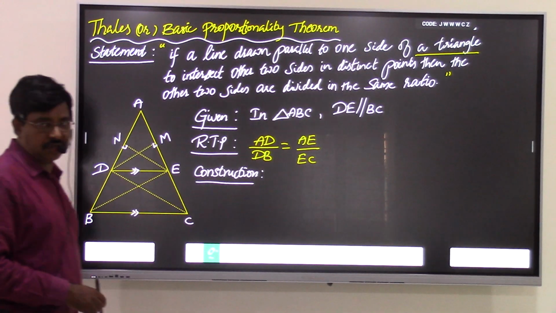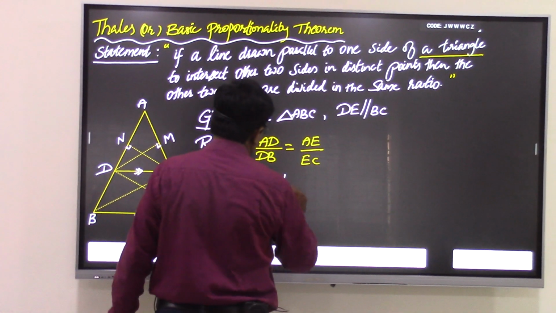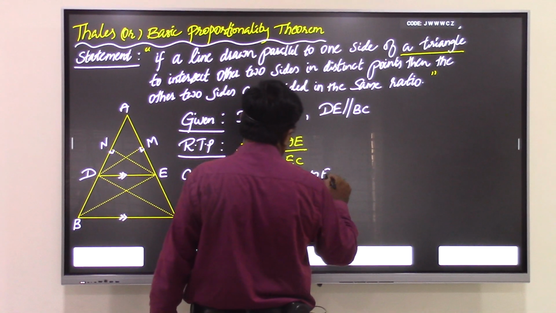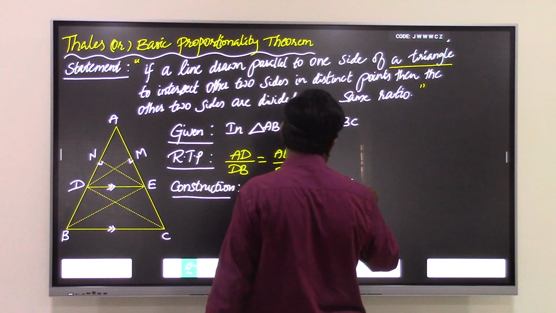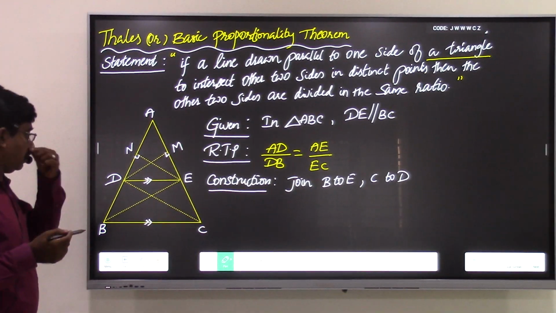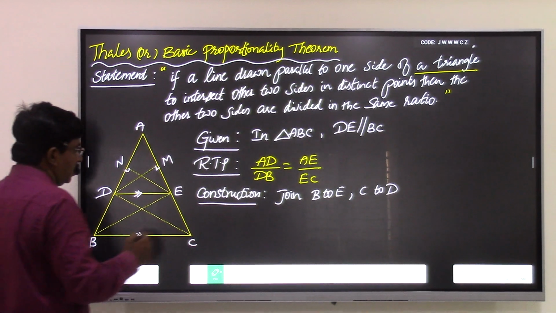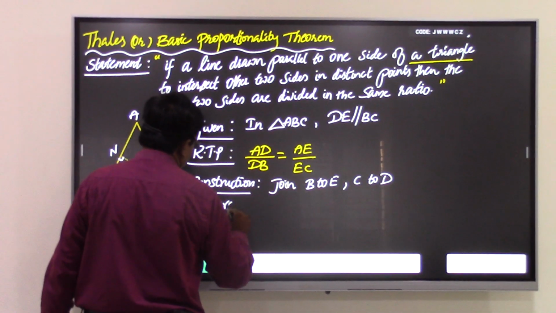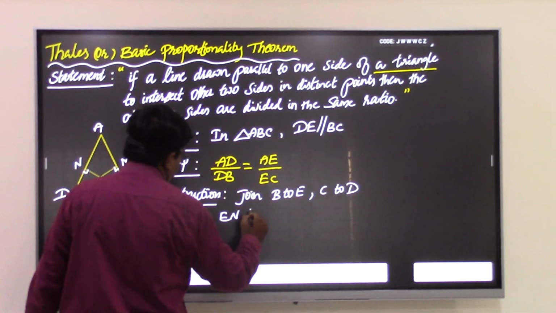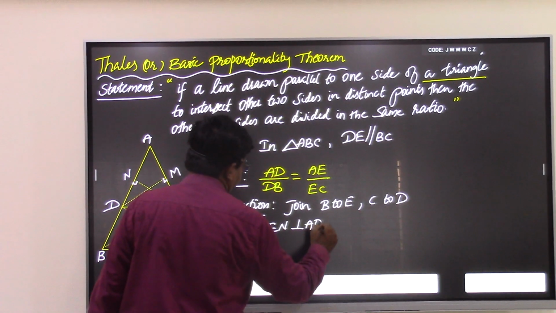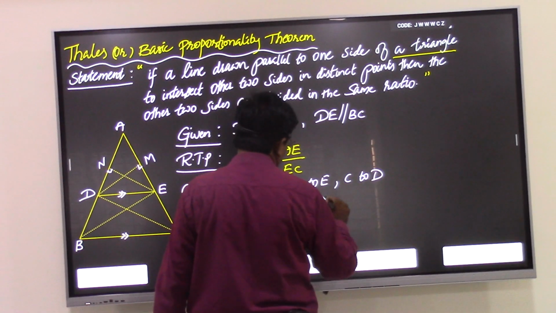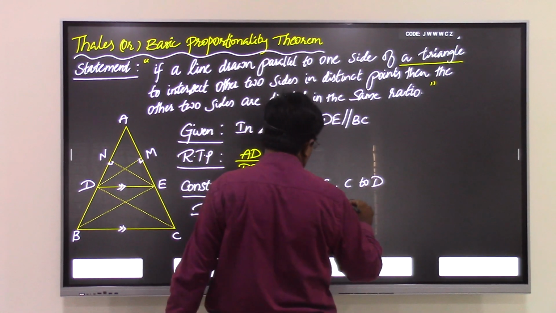This construction is nothing but: join B to E, comma, C to D. So we are joining B to E and C to D. And we also made one more change in the diagram, that is, draw EN perpendicular to AD, comma, DM perpendicular to AE.